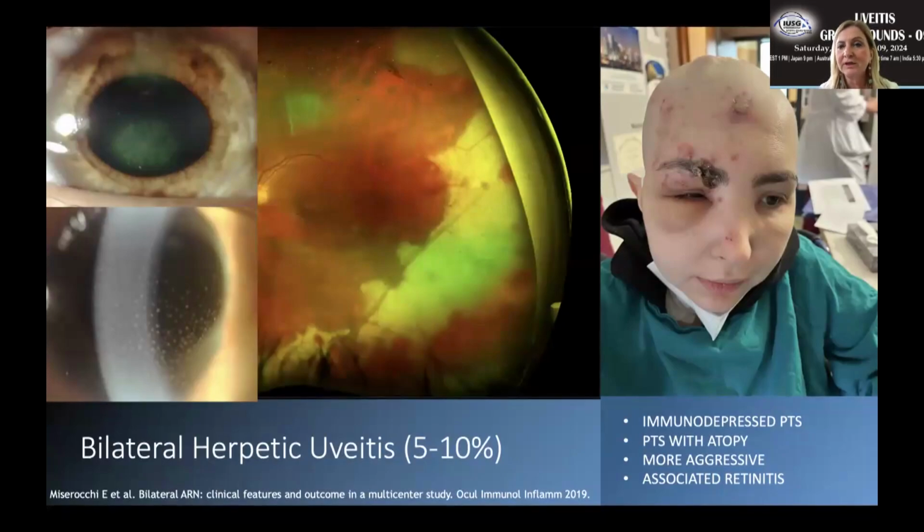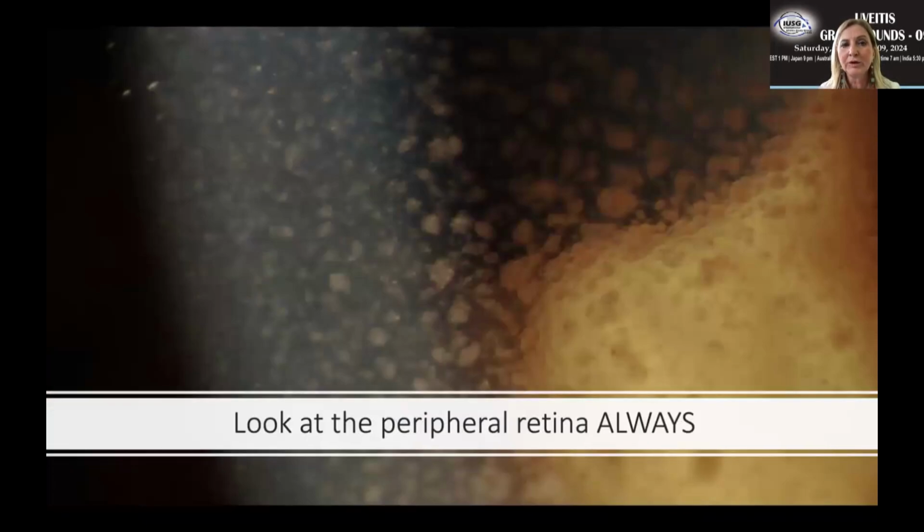And here you can see a young girl with systemic leukemia who had a very severe VZV involvement with not only anterior uveitis, but also a severe retinitis. And this is one of the important points that I have to make for the young ophthalmologists and residents.